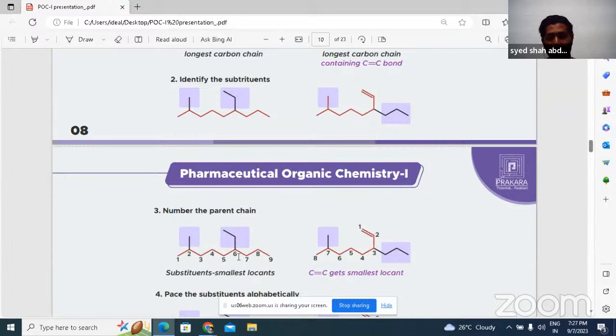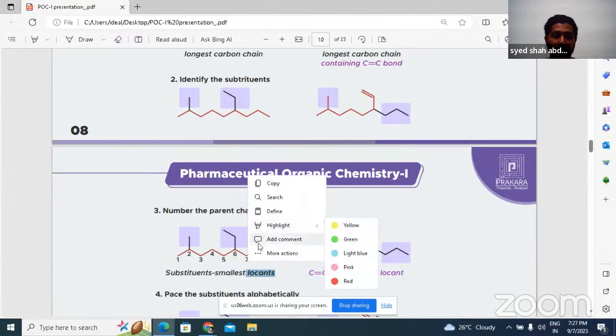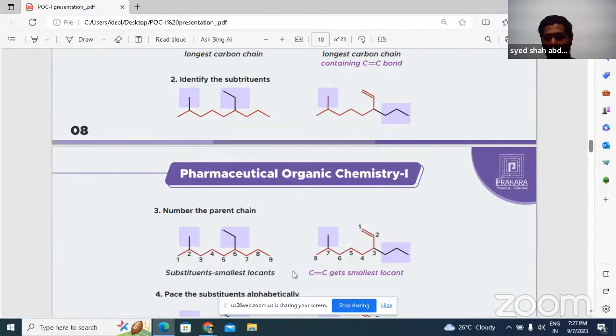If I started from here, 1, 2, 3, 4, 5, 6, 7, 8, I would get 4 and 8 for these substituents. So we need to get the substituents on the smallest locants. That is important, and that will help us give the proper IUPAC name.